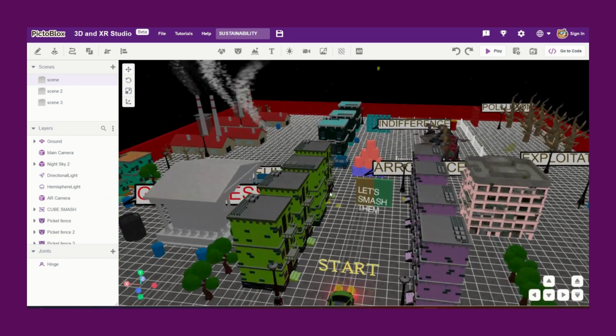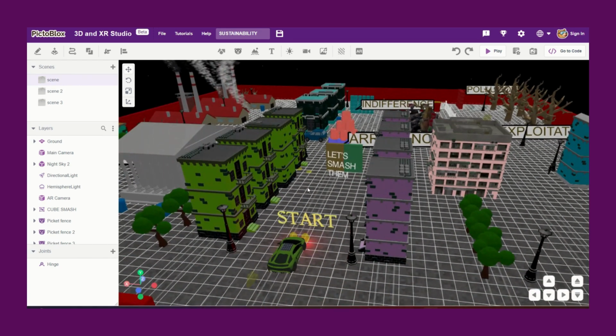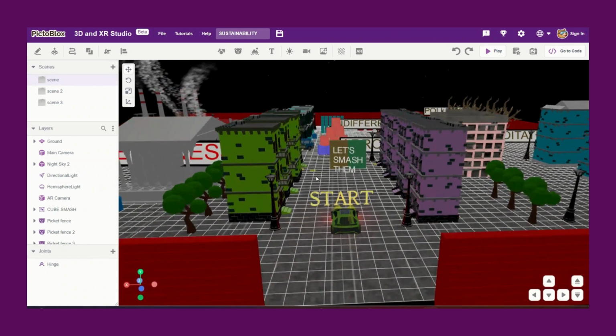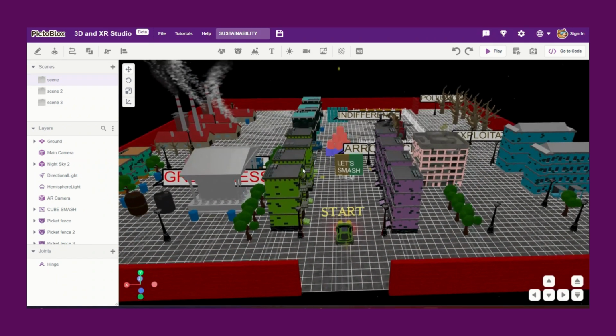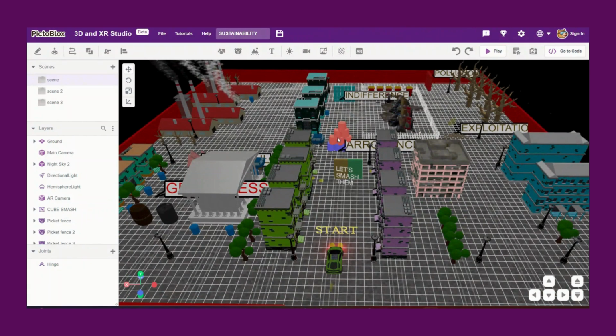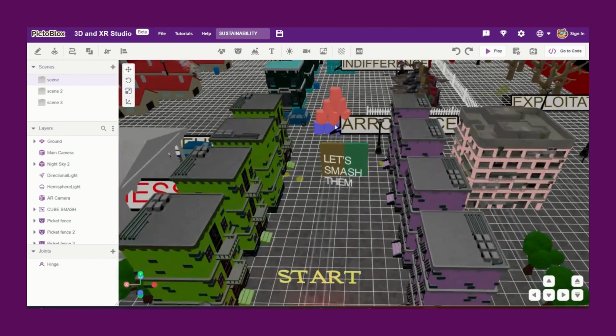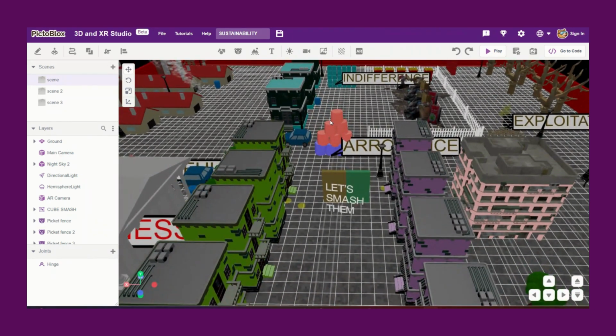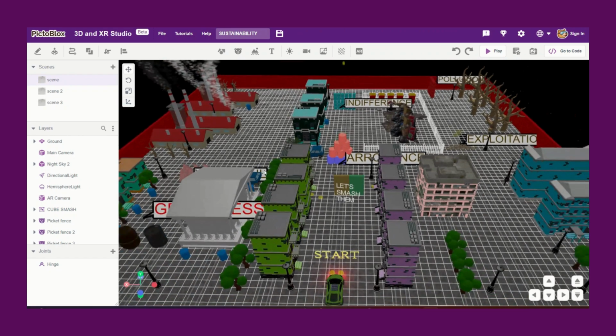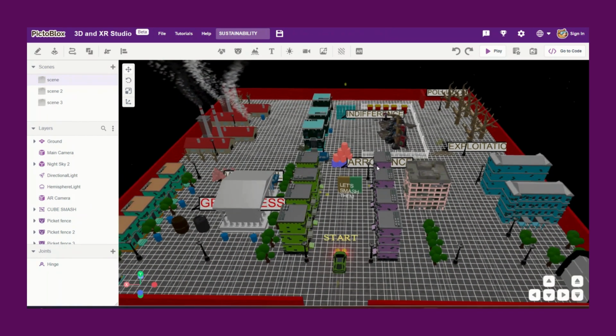So this is an environment I have created for the car smashing game, where objects have been given physics enabled with the sprite text, where you can find words like arrogance, indifference, exploitation, greediness, wasteful, and pollution.